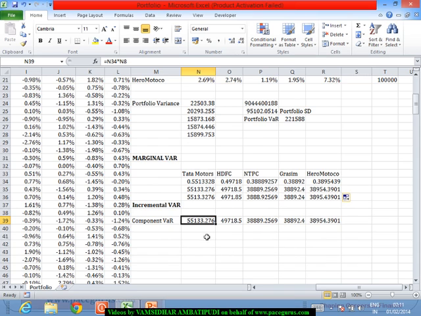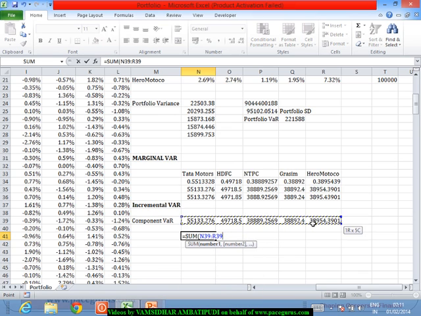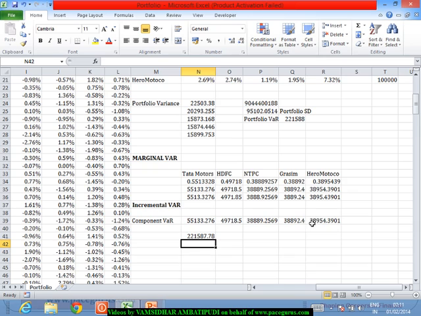So what do we mean by that? If we had added up all these things, this would have given the diversified portfolio VAR itself.